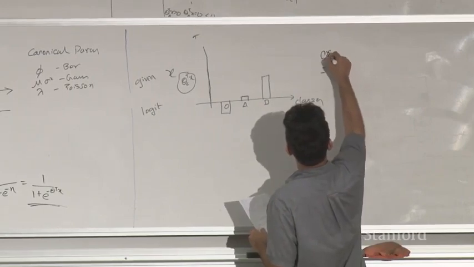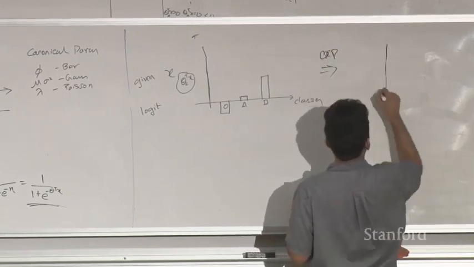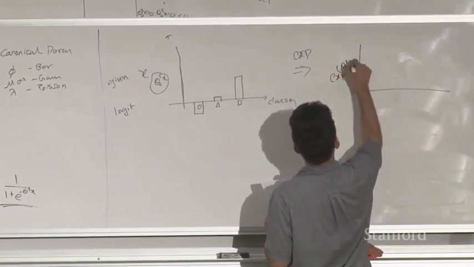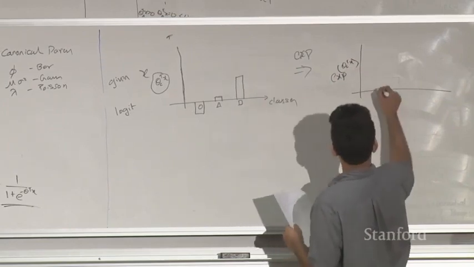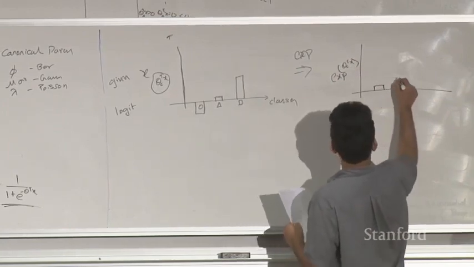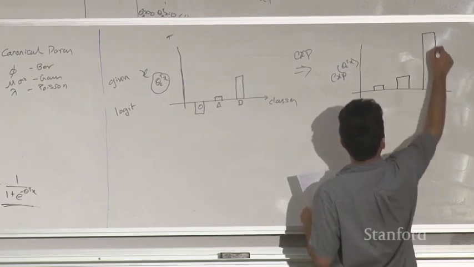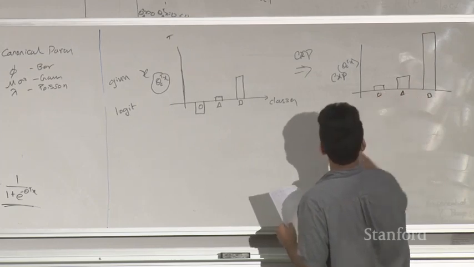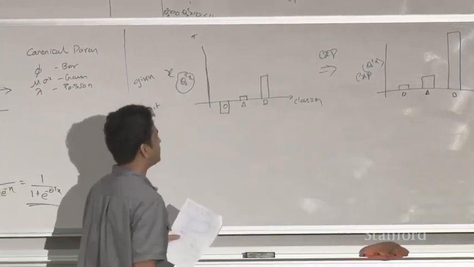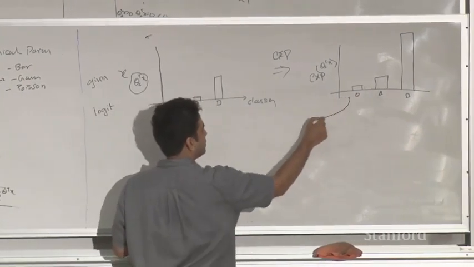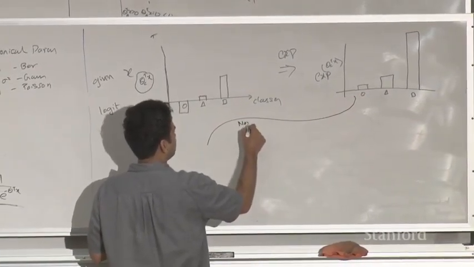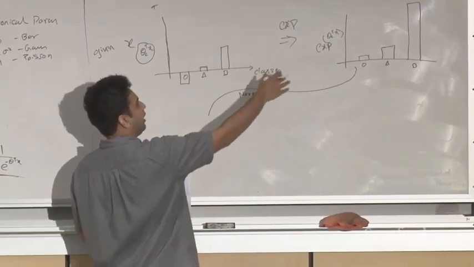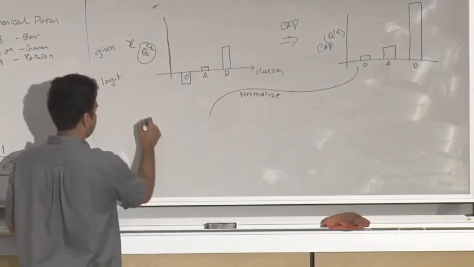So we exponentiate the logits, so now it is exp of theta class transpose x. And this will make everything positive, for squares, triangles, and circles. Now we have a set of positive numbers, and next we normalize this. By normalize, I mean divide everything by the sum of all of them.